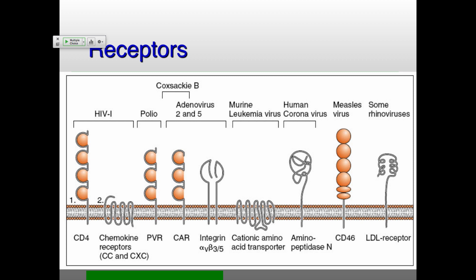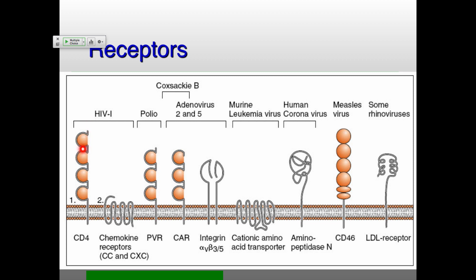CD4 is a classic case of something that's present on the outside of immune cells. How many of you had immunology? Not me. So you probably know more about this than I do. But these are specific recognition elements, again, that are present on the outsides of cells. And in many cases, these recognition elements have something called an Ig fold.